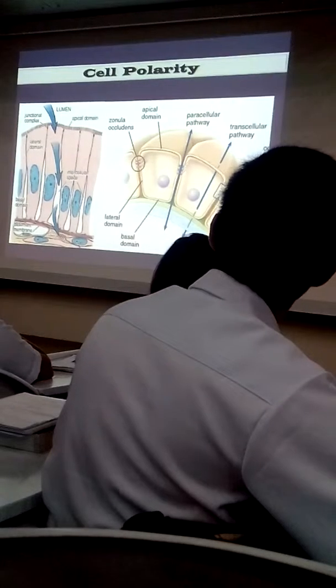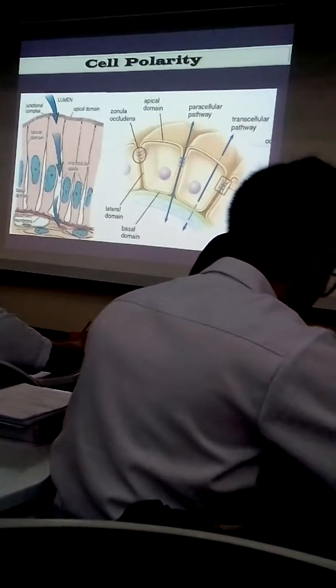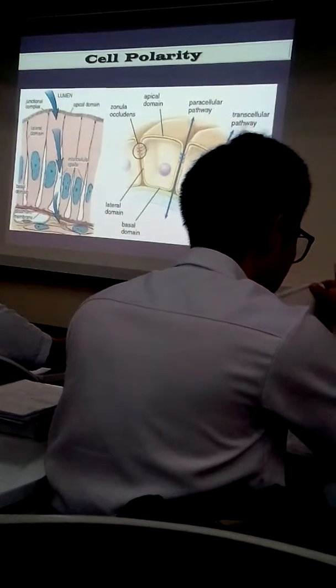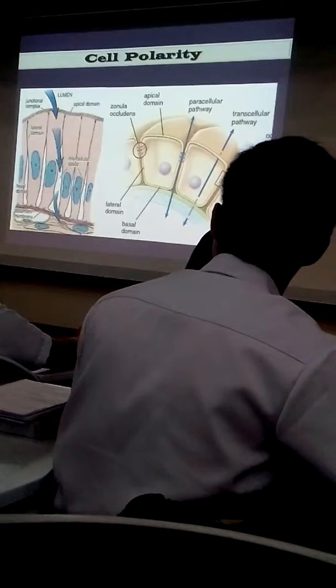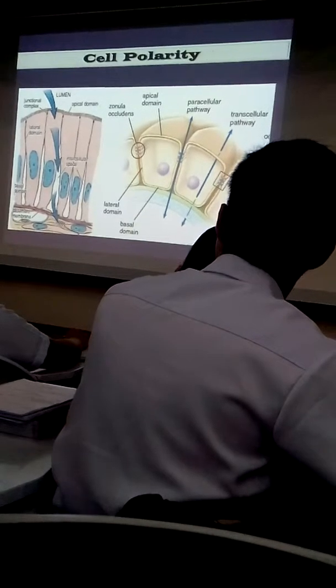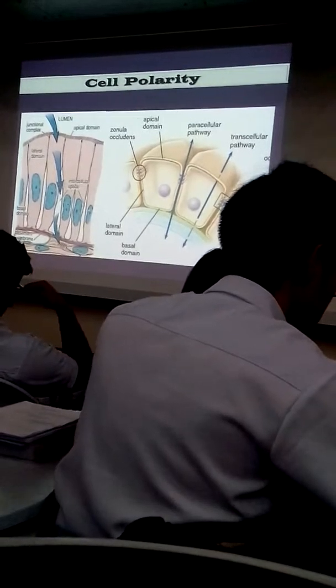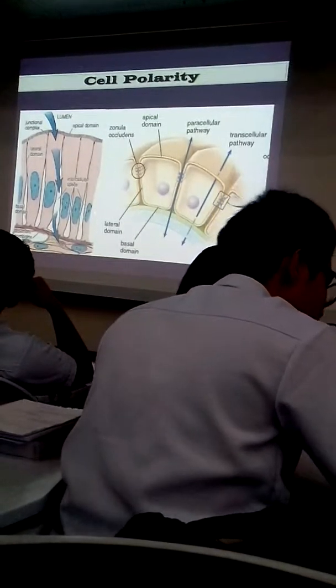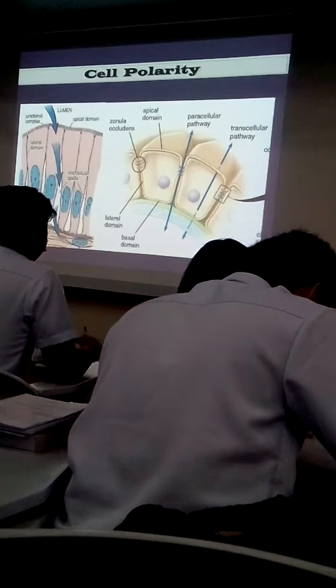So let's discuss cell polarity. We've been mentioning earlier this is the apical portion, this is the basal portion, because you would have to orient yourself each time when you're looking at slides of the epithelia, which is the area of the basement membrane, or if you're looking at EM, basal lamina, and then you're looking where is the free surface or the apical portion.